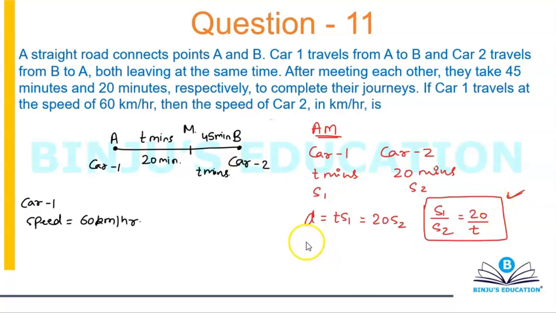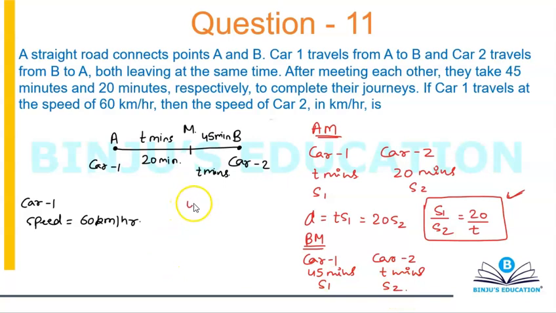The second case that I will think of is BM or MB. Time taken by car 1 in going from M to B is 45 minutes. Its speed is again S1 and car 2 took T minutes and its speed is S2.